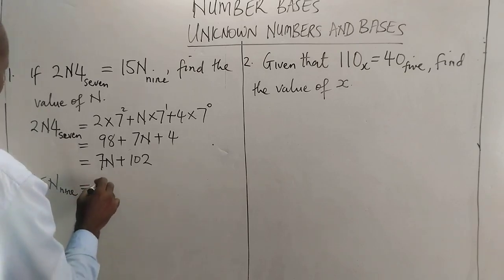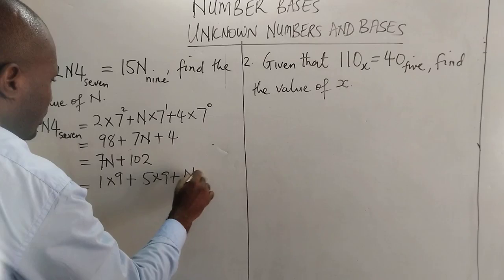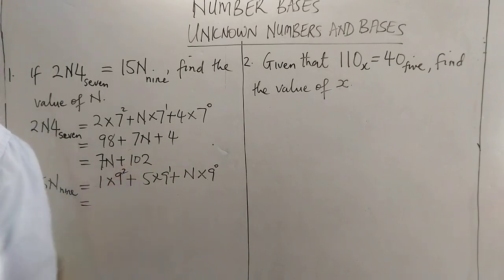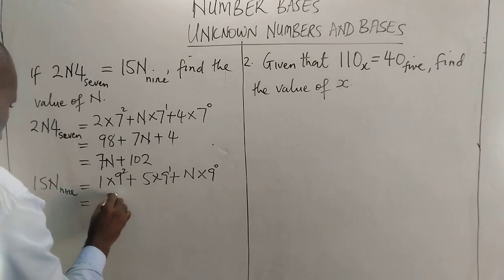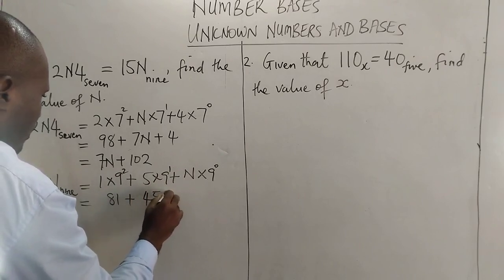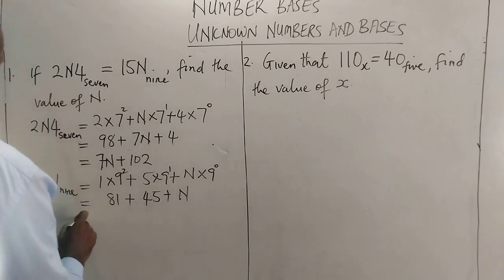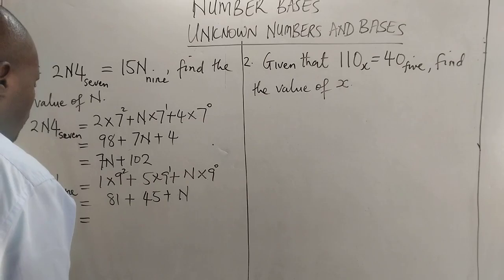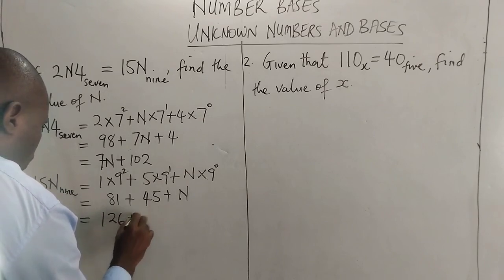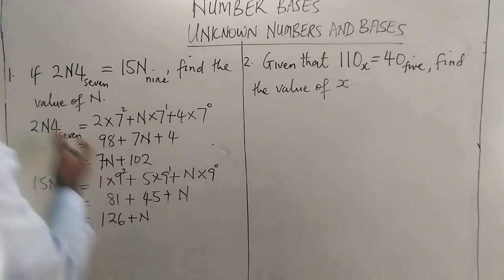Let's convert it to base 10 as well. 1 times 9 squared plus 5 times 9 to the power 1 plus n times 9 to the power 0. 9 raised to the power 2 will give you 81. 81 times 1 is 81. 9 raised to the power 1 gives you 9. 9 times 5 is 45. 9 raised to the power 0 will give you 1. 1 times n will give you n. All of them will give you 126 plus n.